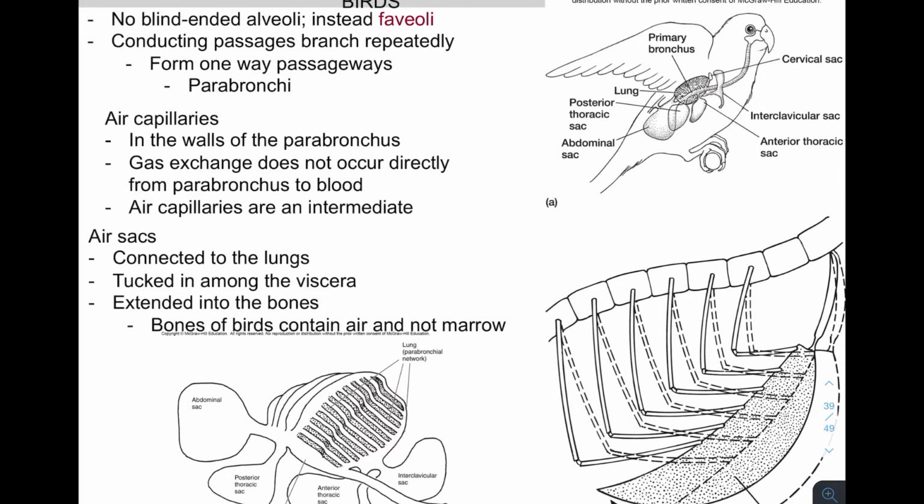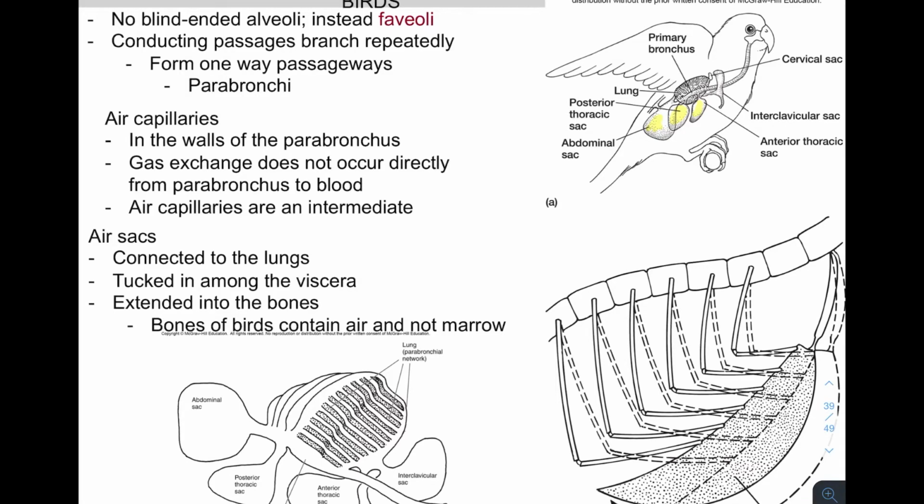And in fact, what we find is that beyond the lung, what birds have are these accessory air sacs, anteriorly, posteriorly, abdominal as well, and that these air sacs can also go into their bones, which allows their bones to also serve as respiratory organs, but also to make their bones lighter to make flight easier.